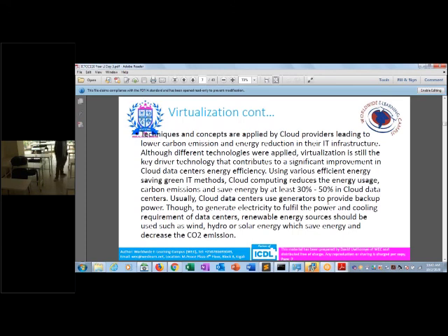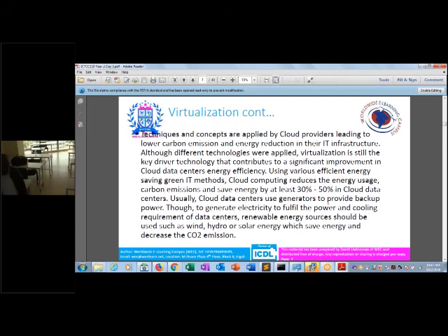So usually cloud data centers use generators to provide backup power, though they generate electricity to fulfill the power and cooling requirements of data centers.